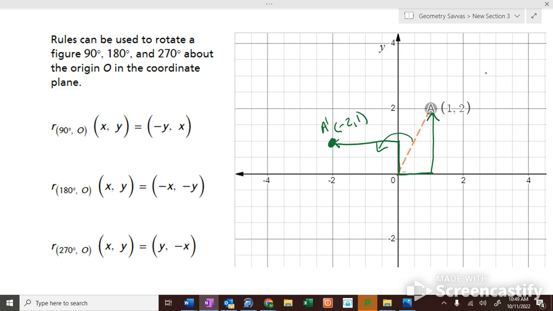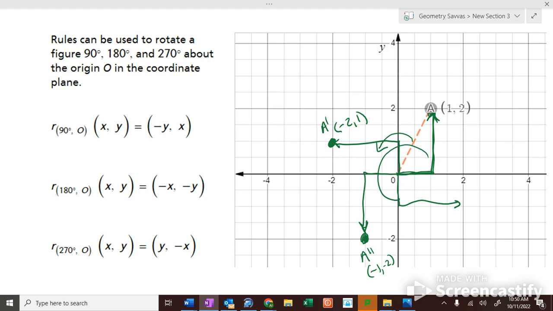Now if we go 180 degrees, instead of going over 1 up 2, we're going to go back 1 and down 2. So that's going to be at the point -1, -2, which is just the opposite of both. So they're in the same order, just the opposites. For 270, instead of going over 1 up 2, we're going to go down 1 to the right 2.